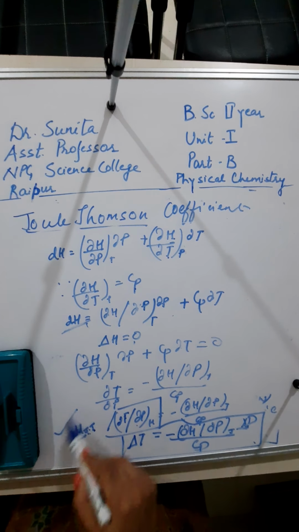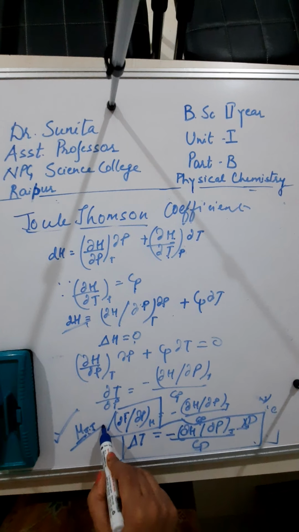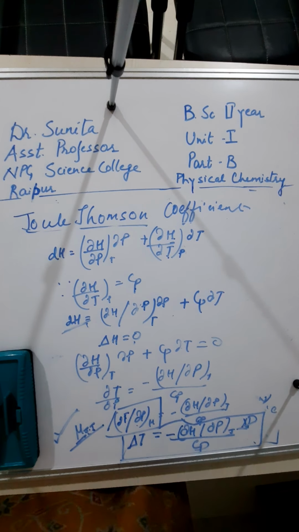So this is very important. This is the Joule-Thomson coefficient. In our next lecture, we will see what the Joule-Thomson coefficient is for an ideal gas and for a real gas. Thank you once again.